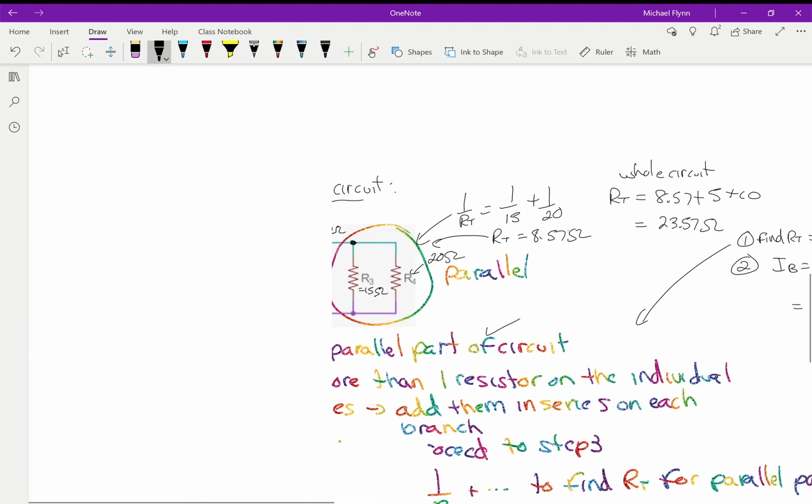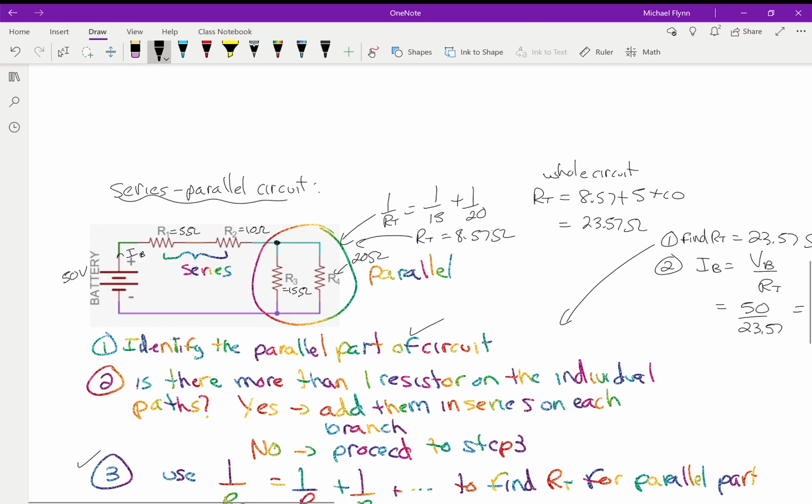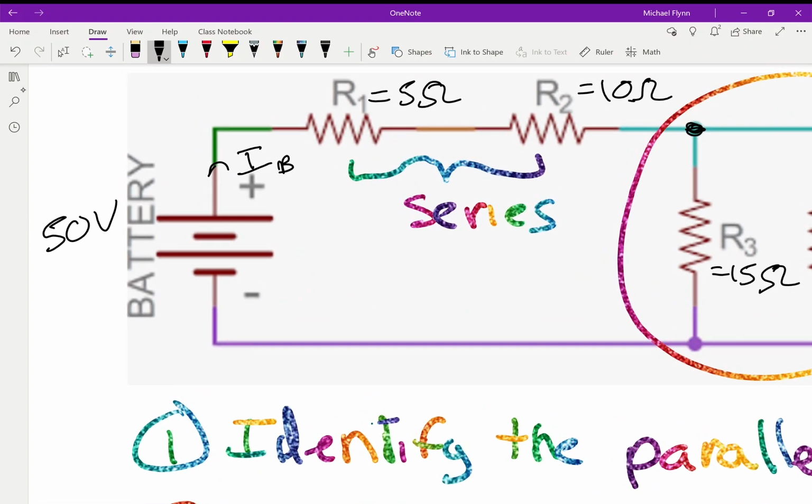So you look at your circuit, and we found, I don't know why it's so laggy, but anyway, we found that this current here is 2.12 amps. Now if you follow that path, that has to be I1 going through that first resistor because there's only one place for it to go.